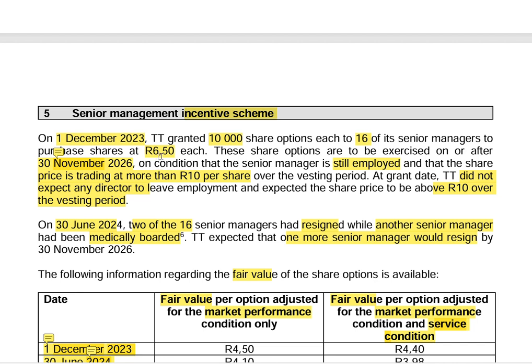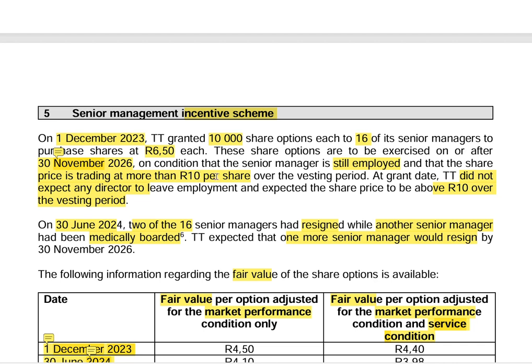The exercise price will be 6.50. They are saying then this will vest 3 years later. The vesting date will be 30 November 2026. And then there are two things attached to this: the senior employee needs to still be employed and the share price should be trading at 10 Rand.